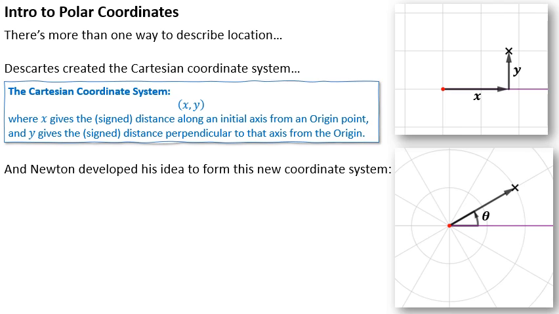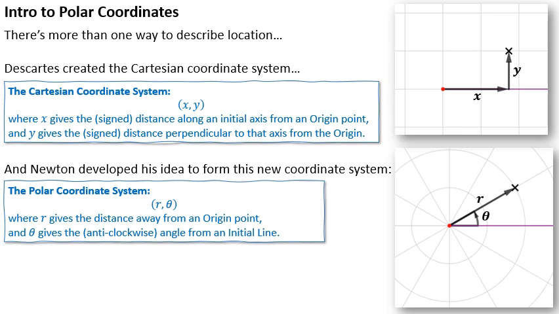It's called the polar coordinate system, and it uses an angle theta and a distance r. The coordinates are usually written (r, theta). So if you have (5, pi), you're talking about a point which is 5 units away from the origin, and the angle turned anti-clockwise from the initial line would be pi radians. In other words, it's going in the exact opposite direction to the initial line.